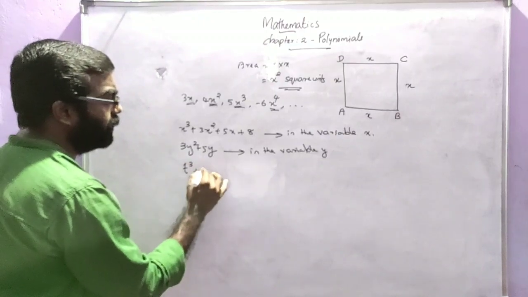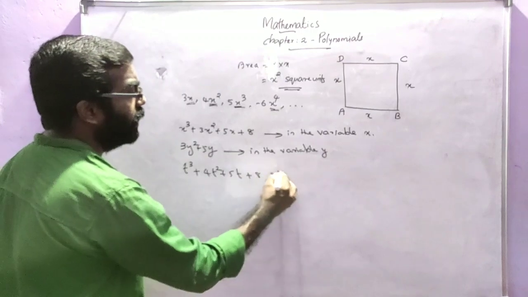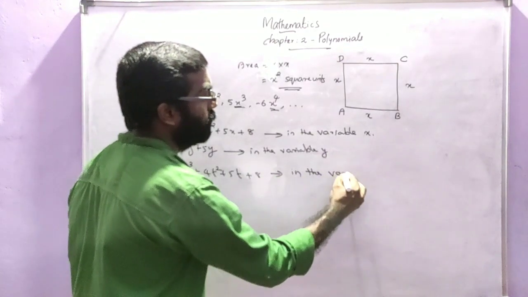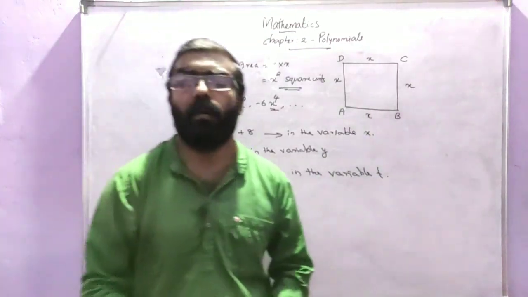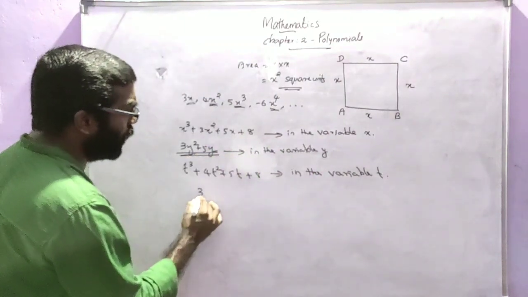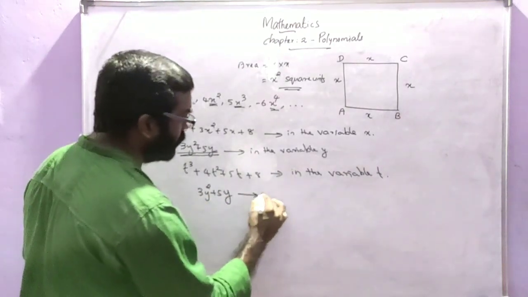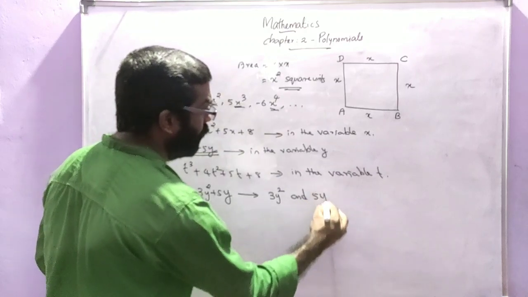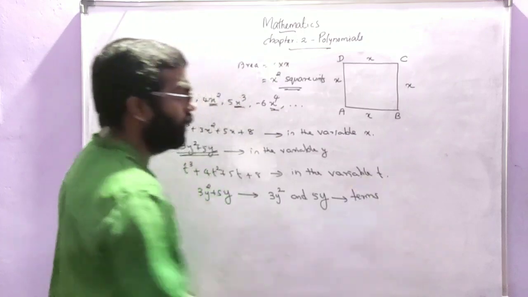And t cube plus 4t square plus 5t plus 8 is a polynomial in the variable t, and so on. Okay, so in the polynomial 3y square plus 5y, the expressions 3y square and 5y are called terms of the polynomial.